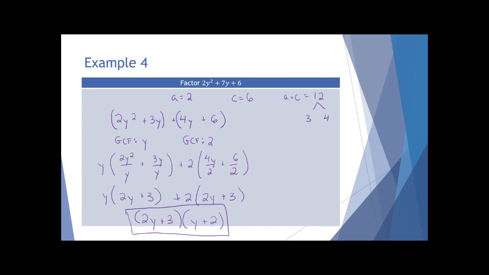That's very possible. So it could be a sign error somewhere, and that could be a potential issue. So I would just double check because there will be only one possible pairing that will work with the correct signs. So it's entirely possible to get to that middle number, but with different signs, so you have to pay attention. Like here, I knew that because I was multiplying a positive and adding a positive, both of them had to be positive. So that makes there's only one possibility.